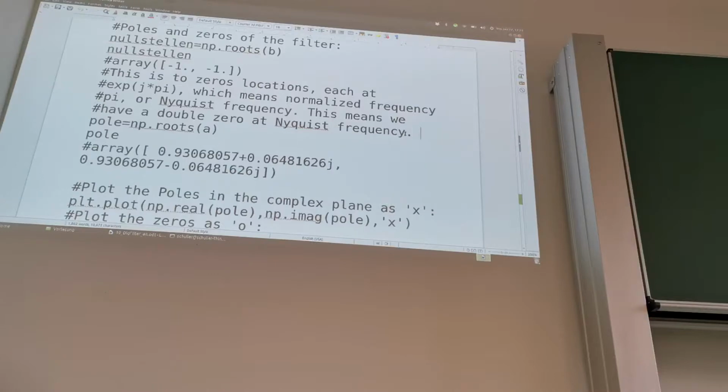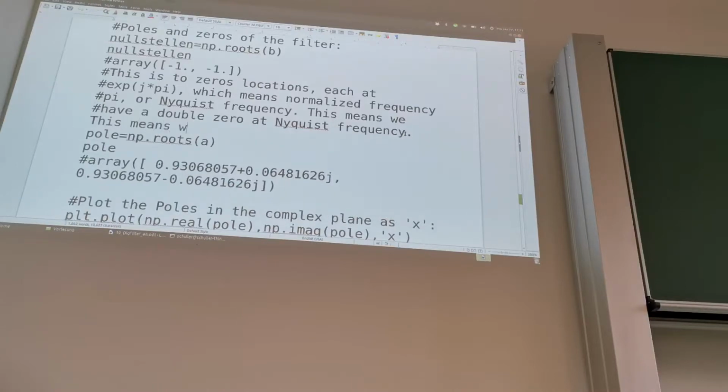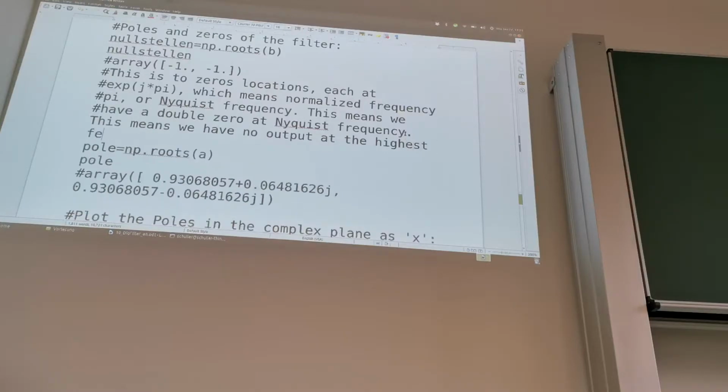Yeah, this means we have no output at the highest frequency, Nyquist. So it's probably a low pass filter. Or could also be band pass filter. It depends now on the poles.